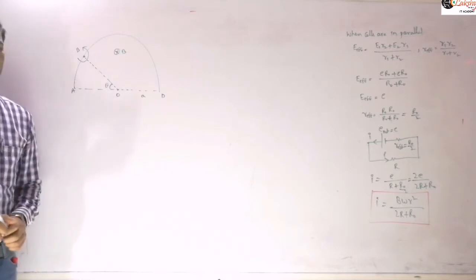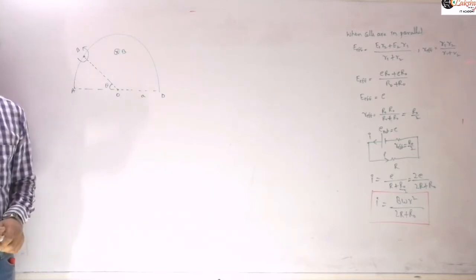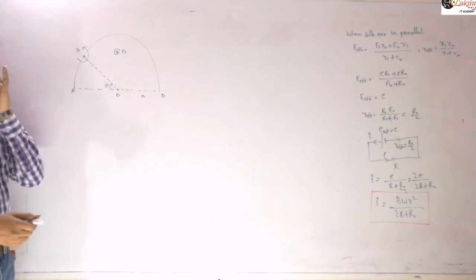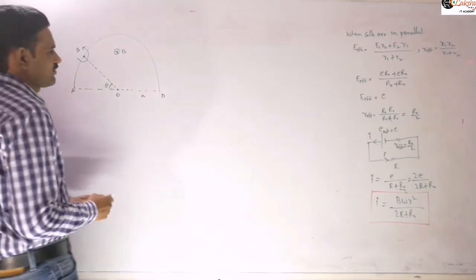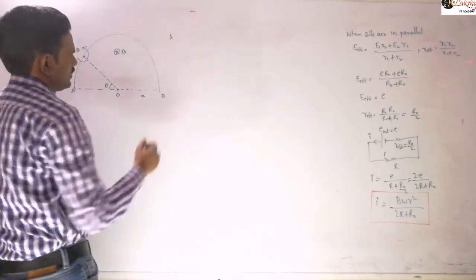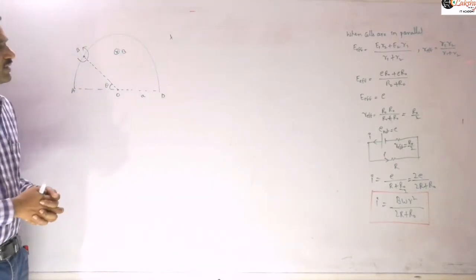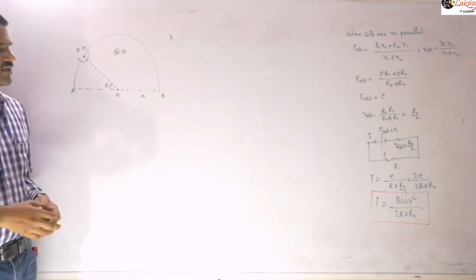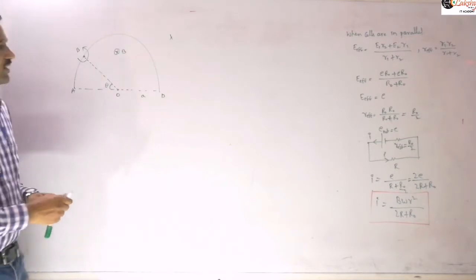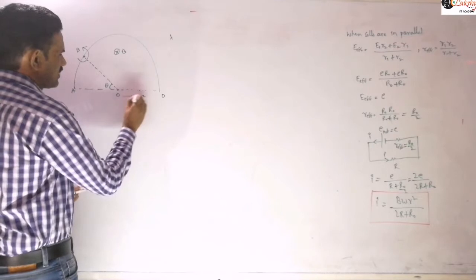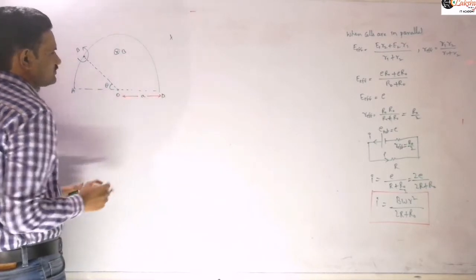The resistance per unit length of a wire is lambda. It is bent into a semicircle of radius A as shown.